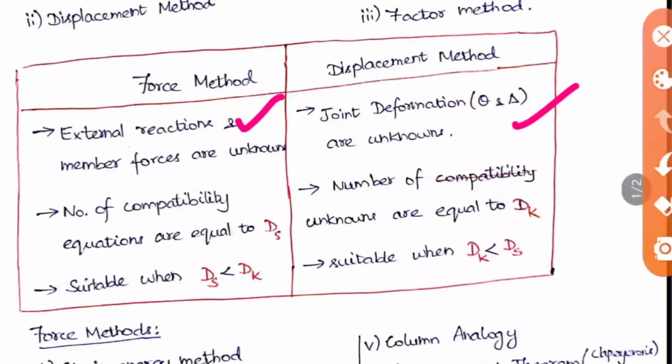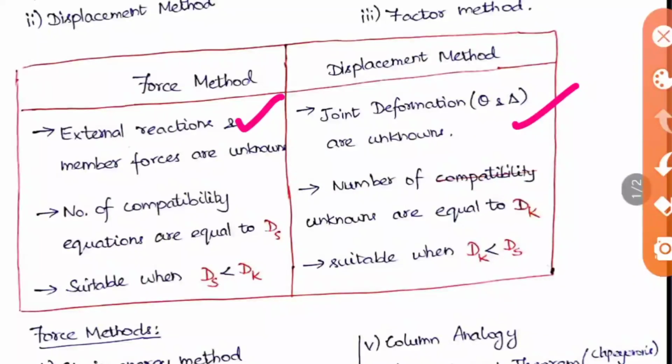The number of compatibility equations is equal to Ds. Ds and Dk we have studied already, degree of static indeterminacy and kinematic indeterminacy. If the number of compatibility equations equals Ds, we go for the force method, and in the displacement method the number of unknowns will be equal to Dk.